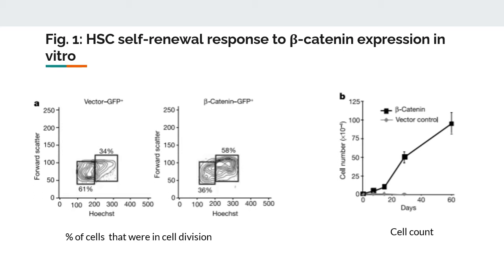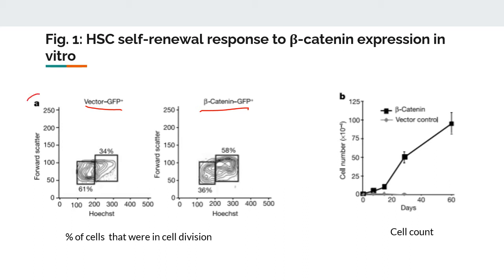So the researchers fused GFP to both the vector control along with beta-catenin and infected them into isolated HSCs, and then sorted them out using fluorescence activated cell sorting and then analyzed those cells.